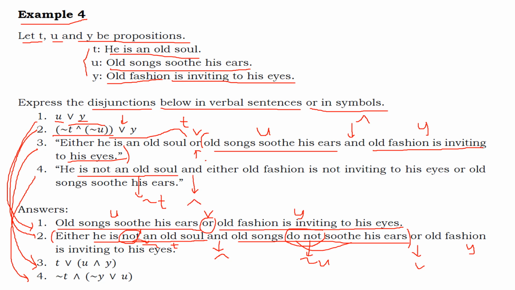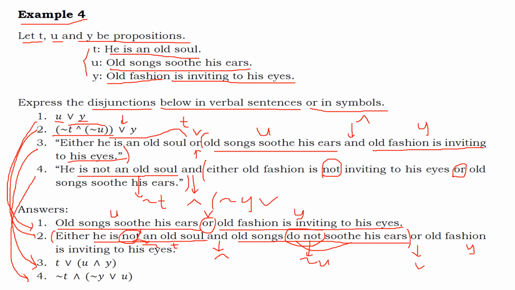conjunction. So we just simply put parentheses here first. Either old passion is not inviting. We use not for your proposition Y. So that will represent your negation Y here. Or we use or here. That's why there is a disjunction, or old songs suit his ears.